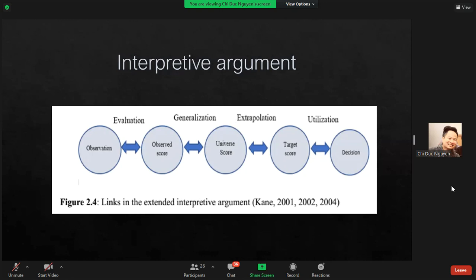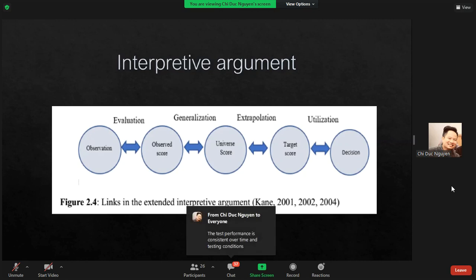So the second claim, for the second argument, is that the test performance is consistent over time and testing conditions. If I carried out the same test with you again several times, your outcome must be the same.